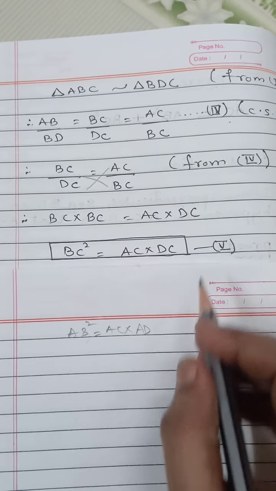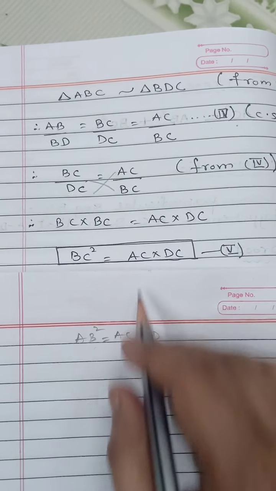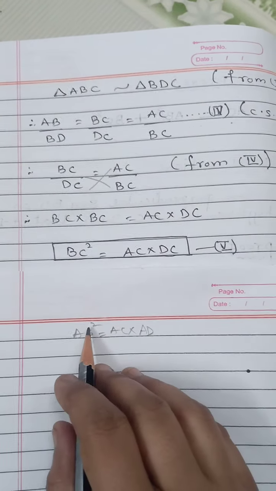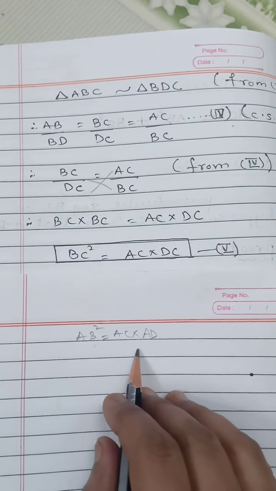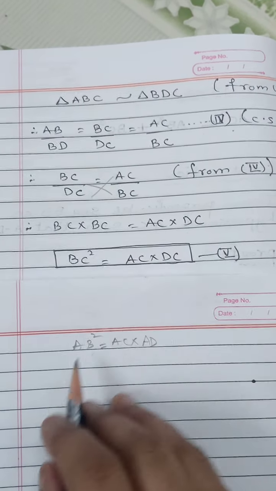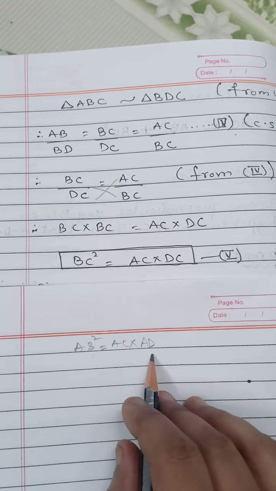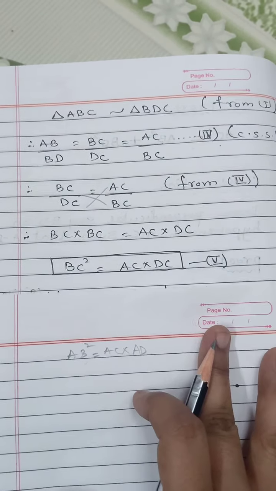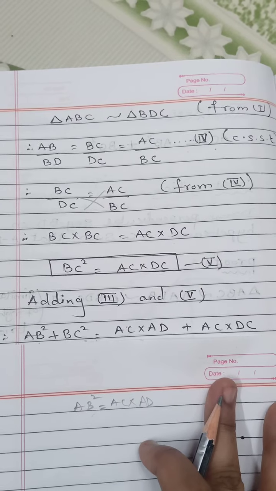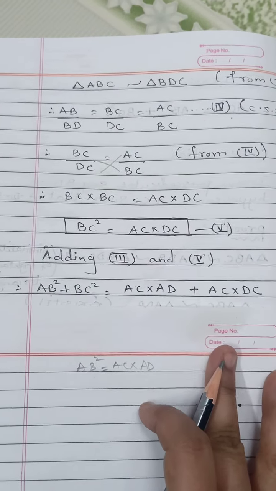So equation number 3 and equation number 5 we are going to add. Whenever we add, left hand side gets added with left hand side and right hand side gets added with right hand side. So AB square plus BC square will be equal to AC into AD plus AC into DC. So the same thing we have got by adding equations 3 and 5.